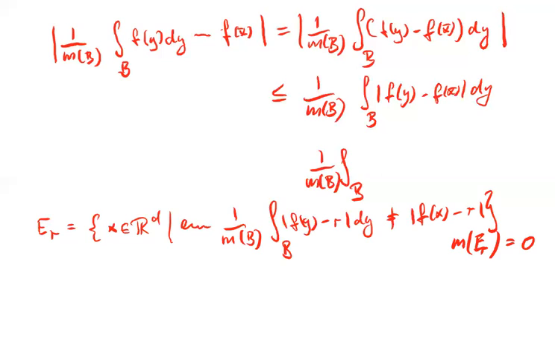Yeah, that one. That's the oldest trick in mathematics. Add and subtract, right? Add and subtract r, and then triangle inequality. So my question is that the second term, 1 over m of B, integral f of y minus r dy. Why is it less than epsilon?